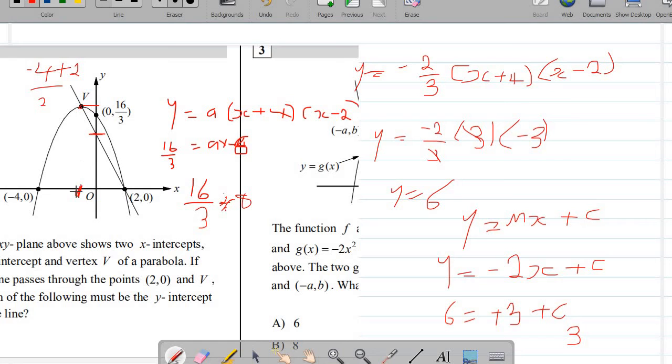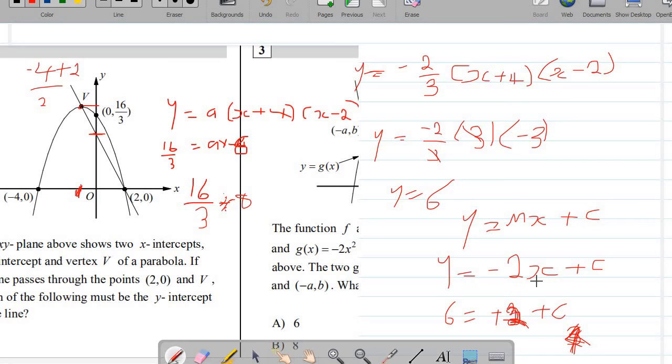6 equal to minus 2 times minus 1. Minus 2 times minus 1 is, sorry, plus 2. So 6 equal to plus 2 plus c. So c is definitely 4, not 3. I was just trying to check and I found my mistake.